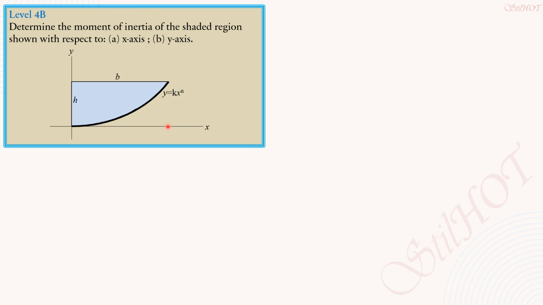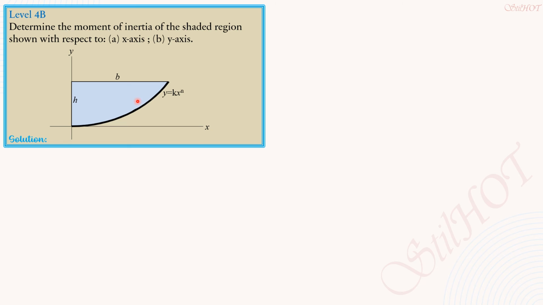So the idea is we compute the moment of inertia of this shaded figure as the moment of inertia of a rectangle with respect to the x-axis minus the general formula for moment of inertia for the area under this curve. But before that, let's have the integration solution.